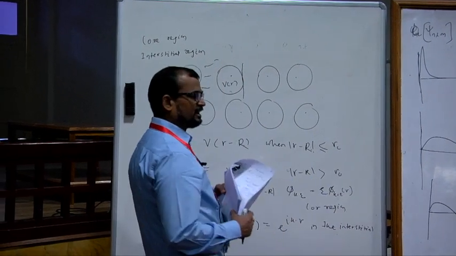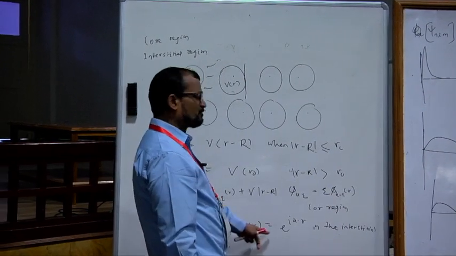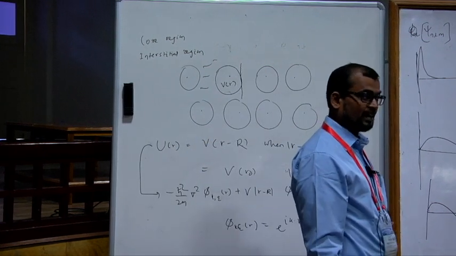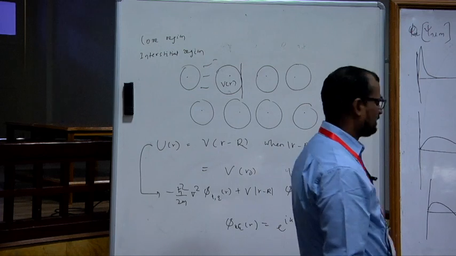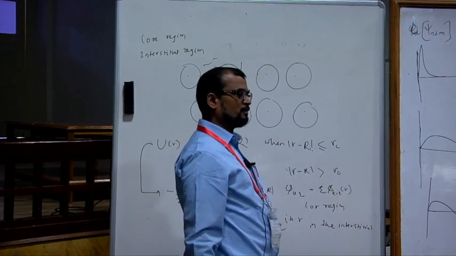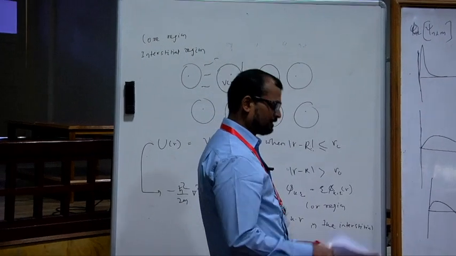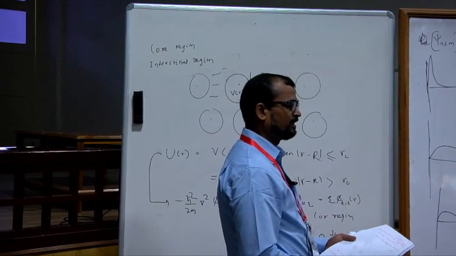But what I'm saying is that if they match, since my plane waves will be defined in the interstitial and they have a k component, that k component will bring the dependence to my phi k. Okay? So keep a note of it.